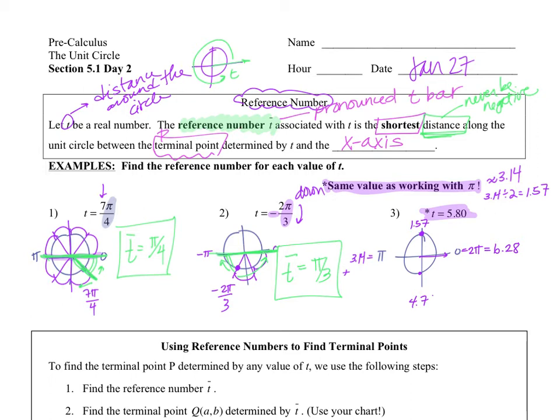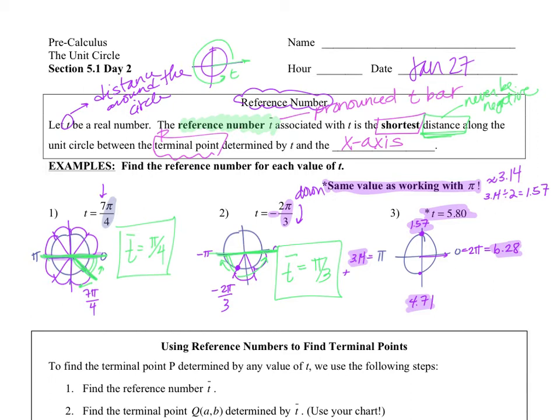So that is 4.71. So those numbers, 1.57, 3.14, 4.71, and 6.28, you're going to get to know those. We need to remember them or be able to figure out what they are for doing a problem like this.